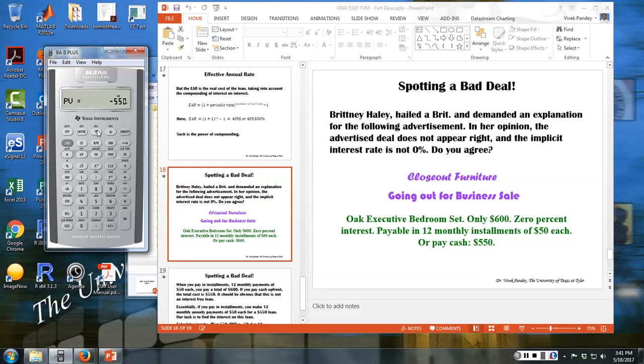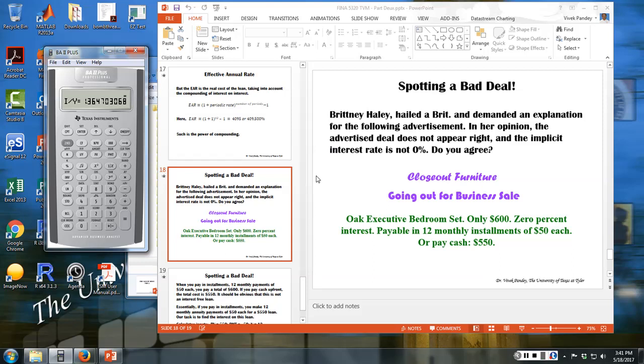Once again, here I've got present value of $550, payment of $50, and 12 as N, and then I compute I/Y, and I get 1.3647. Now what is this?